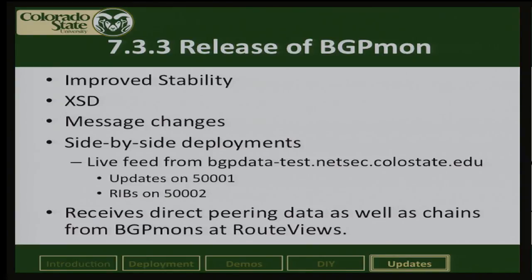In Perl, as well as in other languages like Java and Python, you can actually use the XSD to create your objects in your code so that you don't have to even write the code. The new XSD is more robust than the previous XSD, and it allows us to expand the information that we're providing.